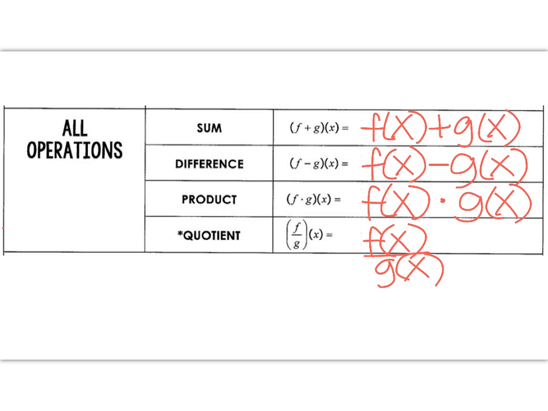And when we're talking about the quotient, it has this little asterisk here because the important thing we need to remember when we're dealing with the quotient of functions is that the denominator cannot equal 0. So if the denominator ever equals 0, this affects our domain.